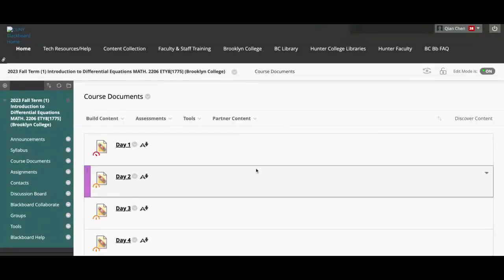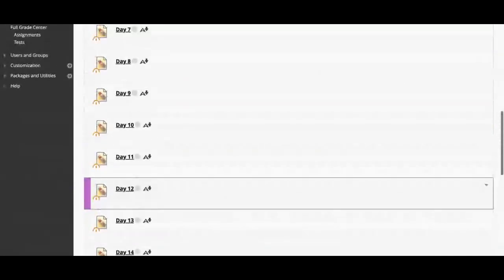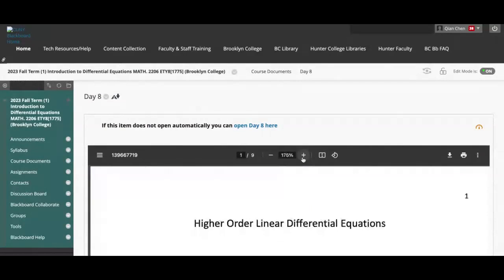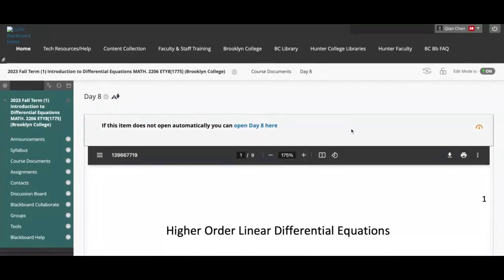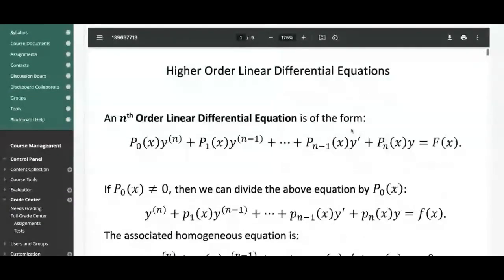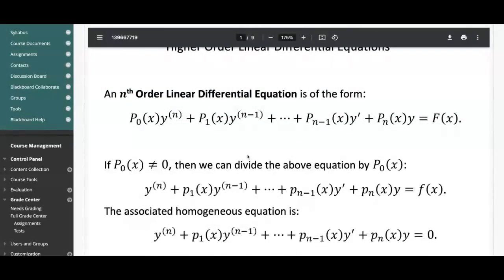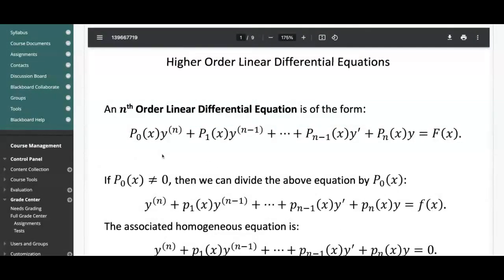Okay, let's go with 8. Higher order linear differential equations. Many of you already presented the questions, and I just have to clear some terms.